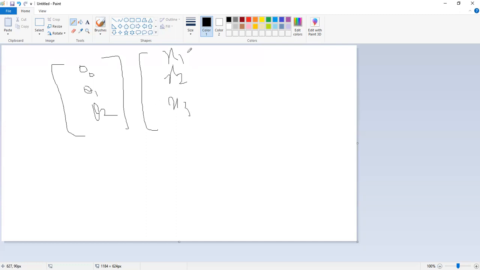In this case, you can see this matrix is 3 by 1, like 3 rows, 1 column. This is also 3 by 1. So we know the matrix property that the columns of the first matrix must be equal to the rows of the second matrix. You remember? But if this is not equal, then we cannot multiply.